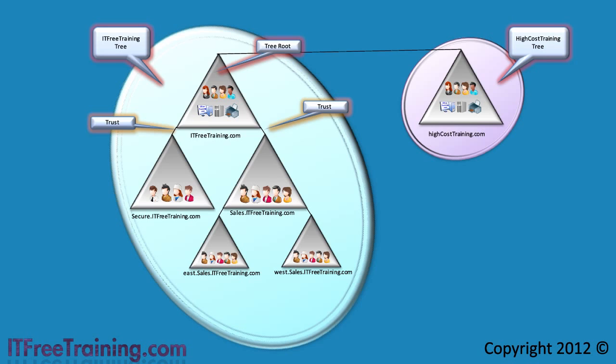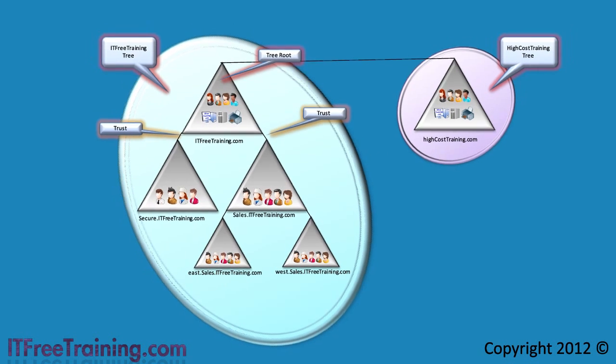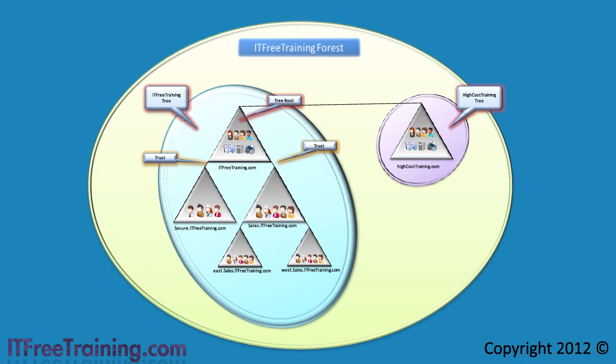I now have two trees, the IT Free Training tree and the High Cost Training tree. So far, I have looked at the root domain and child domains in a tree, but there is one structure that links all these together called a forest. A forest encases multiple domains and trees into one structure. You don't have to have multiple domains and trees to have a forest.